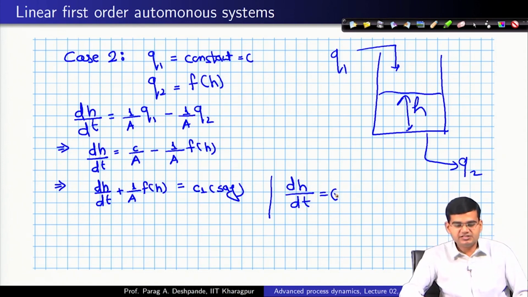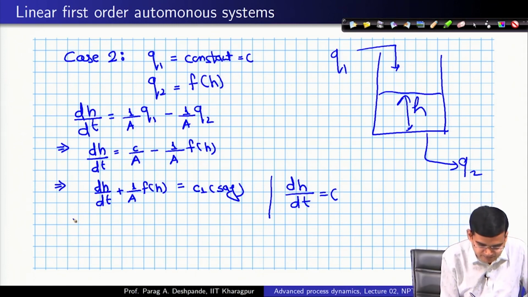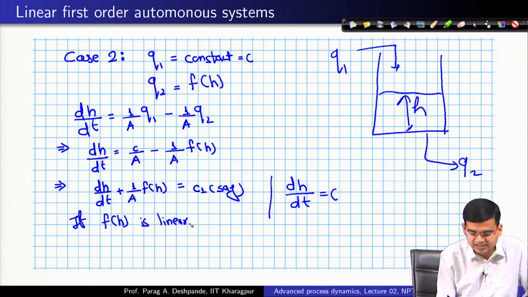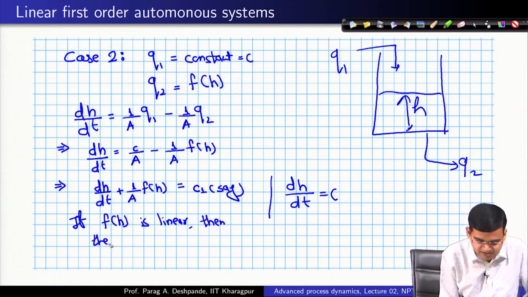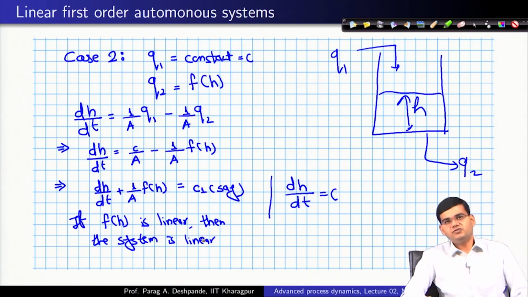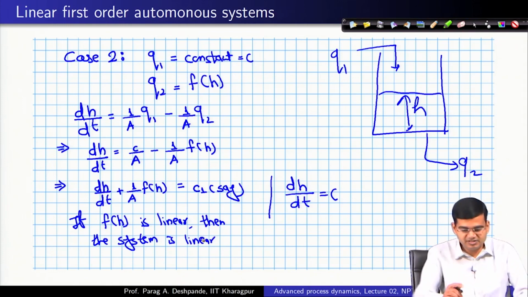Now, your equation is dh/dt plus 1/A f(h) is equal to C1, and if f(h) is linear, then the system is linear, right.